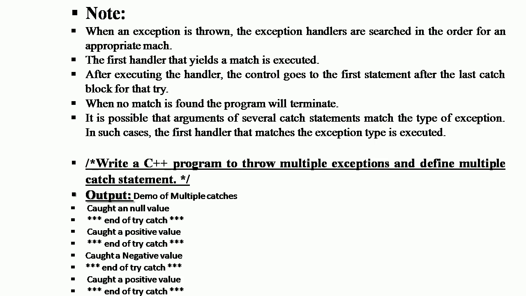The format of the multiple catch statement is as follows. Try, curly braces, try block closed, catch type 1 argument, catch section 1 completed, catch type 2 argument, catch section 2 completed, catch type argument n, catch section n, all closed.